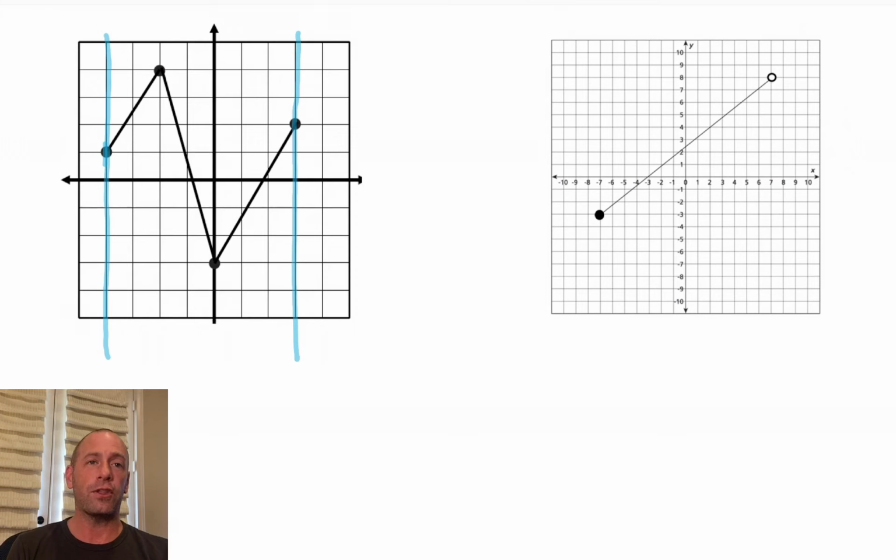Just like if I went to the right of the line on the right, there's nothing there. What I need to show is that the inputs only exist in this window. So we're going to do that with a compound inequality. We just want to show that the x values lie between -4 and 3.